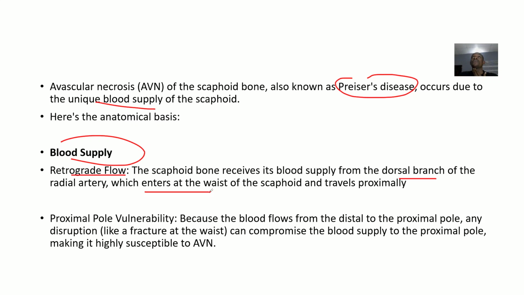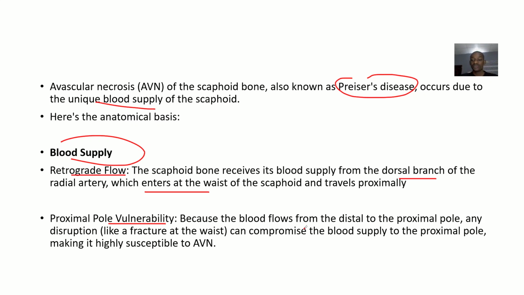Okay, so now the whole thing is this. Can you see how the blood supply is entering? Blood supply is entering from the back before coming to the front. Now, proximal pole vulnerability.